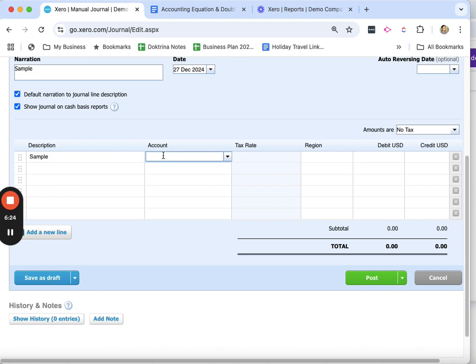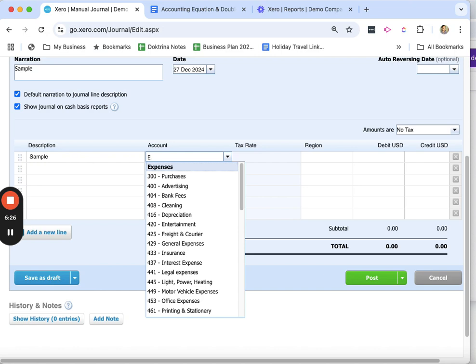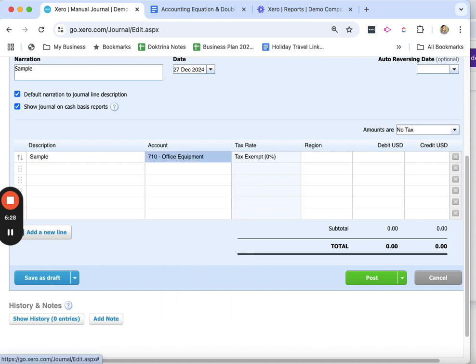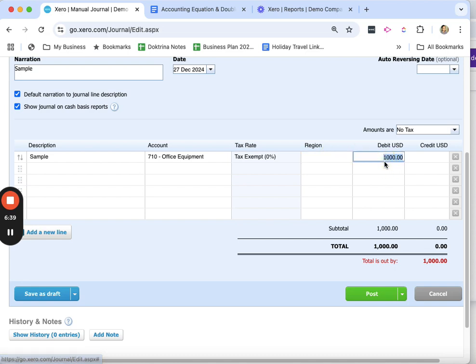So the entry for that is you debit the equipment. Don't worry about why it is a debit. We will explain it to you later. So let's say you have $1,000 worth of equipment put into the business.